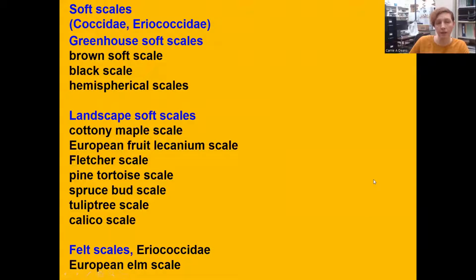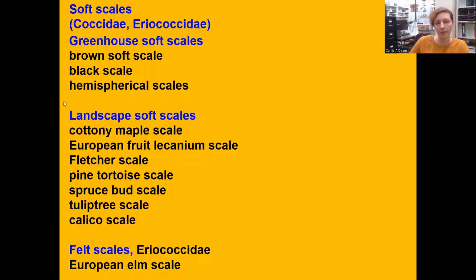For soft scales, this is a list that shows the species that are commonly problematic in a few different systems. In greenhouse systems, brown soft scale, black scale, and hemispherical scale can be problematic under these sorts of growing conditions.